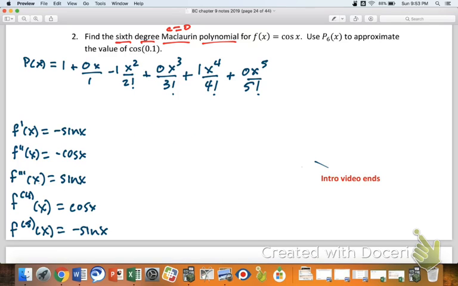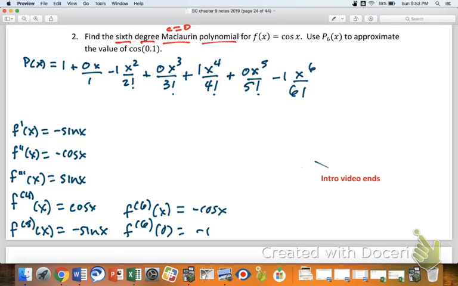And then lastly, of course, my sixth derivative. Sixth derivative of f at x is equal to negative cosine of x. So my sixth derivative at 0 will be negative 1. This is going to be minus 1 x to the sixth over 6 factorial. I was asked to find the sixth degree, and I can see now that I am at my sixth degree.